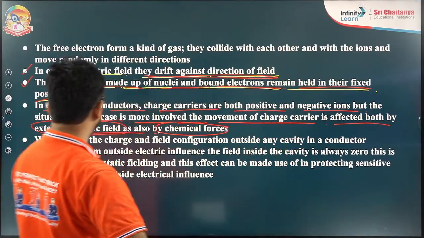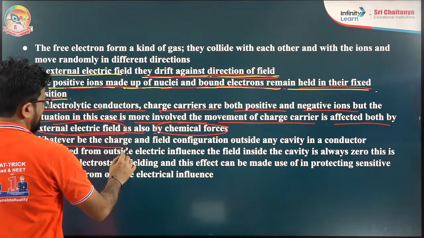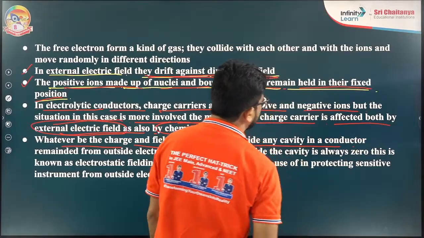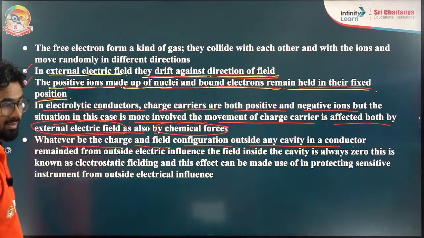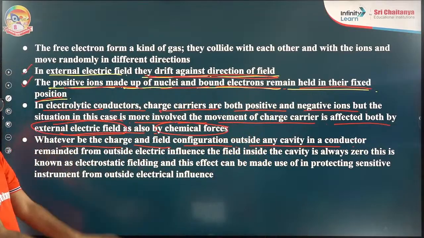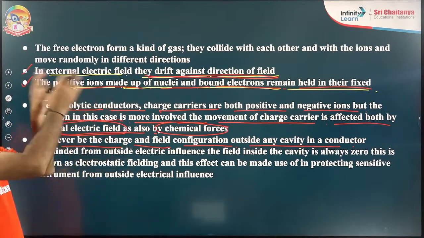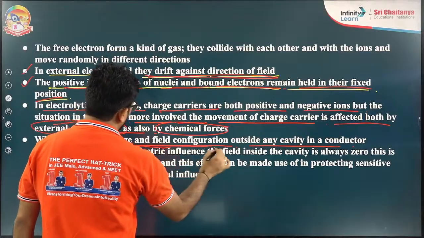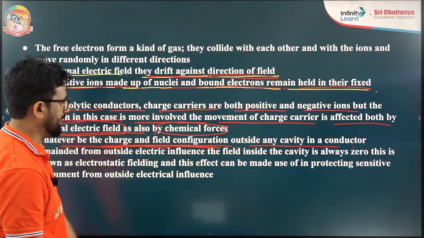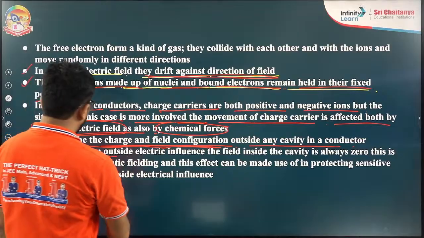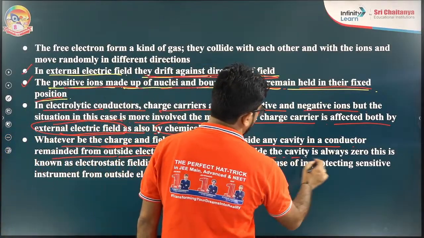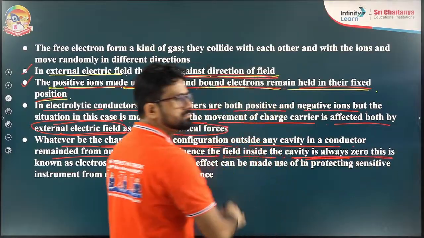Okay. Now, try to understand this: whatever the charge and field configuration outside, there is a cavity inside the conductor. Outside the conductor, whatever the charge or field configuration is, it does not matter; the electric influence of the field inside the cavity is always zero.